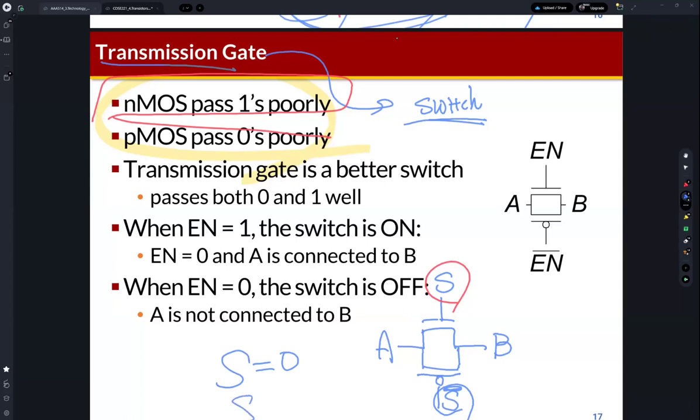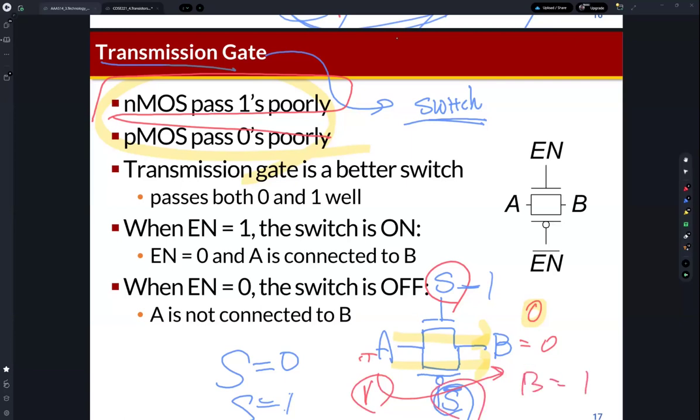But if S equals 1, then the NMOS transistor is connected, and the PMOS transistor is also connected. The NMOS can pass 0 clearly, which means that if A is 0, then B becomes 0 clearly. And if A is 1, then A is connected to B via the PMOS transistor, so B becomes 1 clearly.